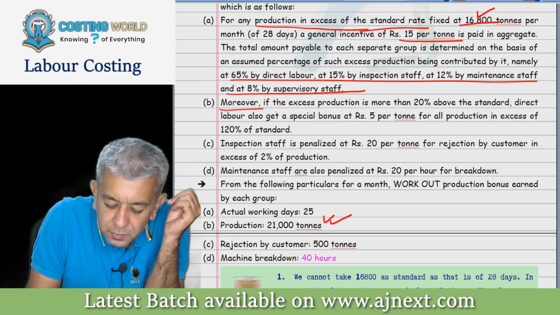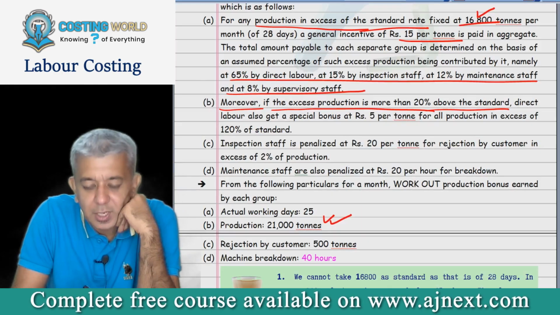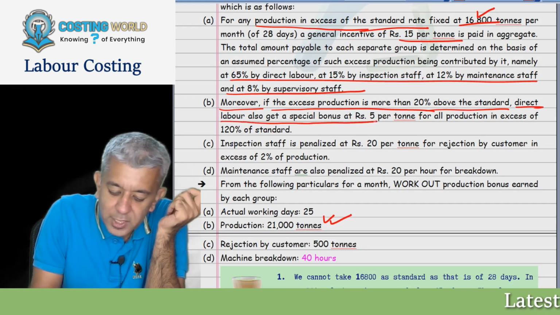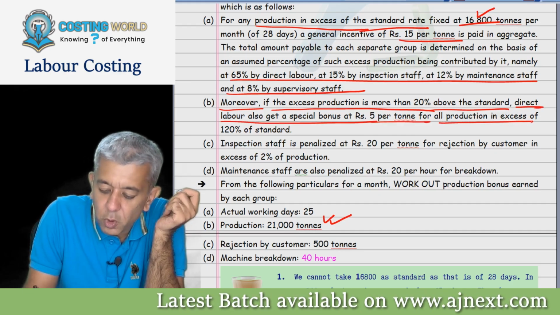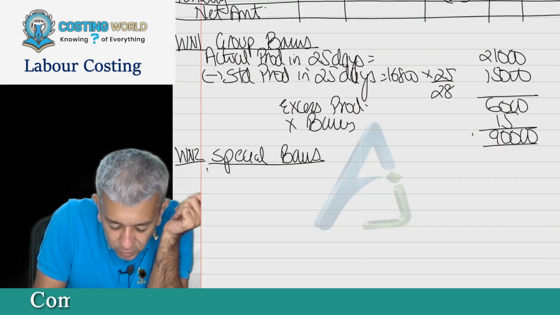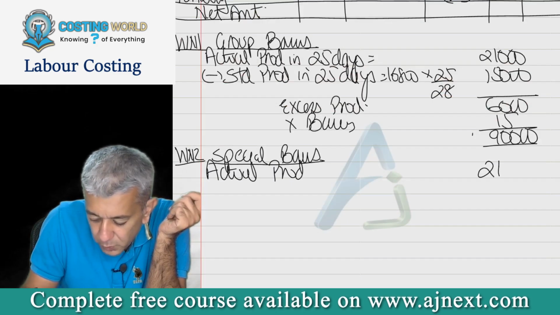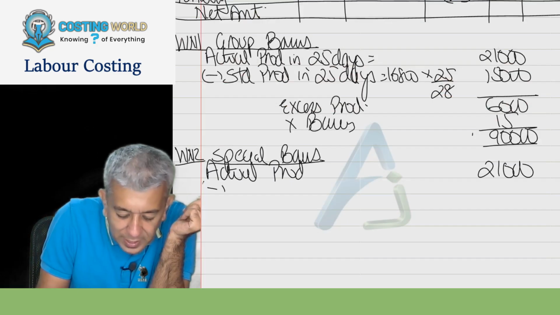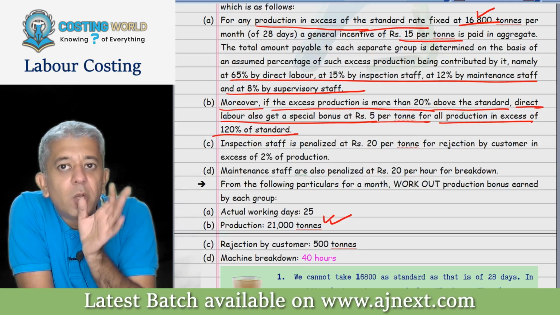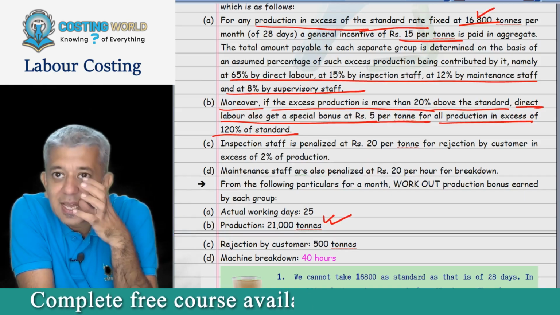Moreover, if the excess production is 20% above the standard, direct labor will also get a special bonus at the rate of rupees 5 per ton for all the production in excess of 120% of standard. So again I am writing actual production 21,000 less whatever is in excess of 120% of standard, at the rate of 5 per ton.